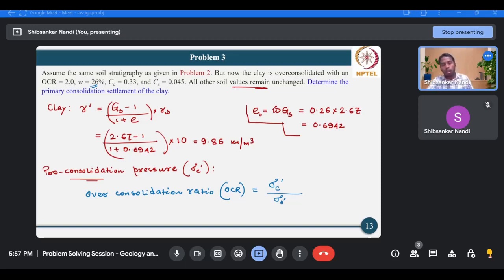So we need to calculate sigma 0 prime first, then multiply it with the given OCR value to obtain the pre-consolidation pressure. So we'll do that.